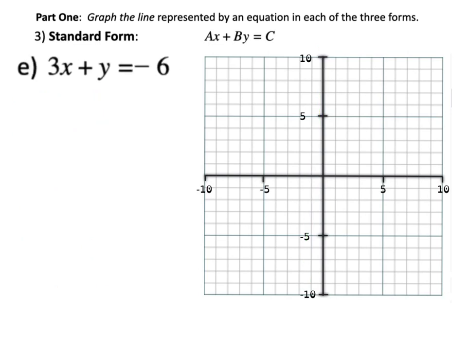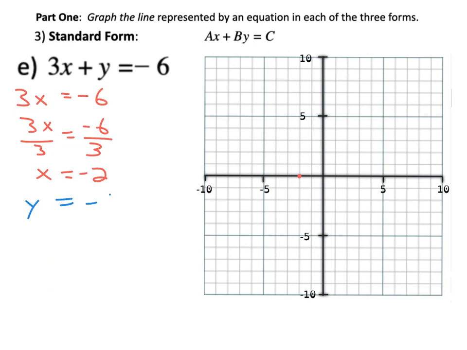Okay, take our x term, set it equal to the constant, solve for x. That means we put on the x-axis a point at -2. That's the x-intercept. Take the y term, set that equal to the constant. And this one's already solved for.